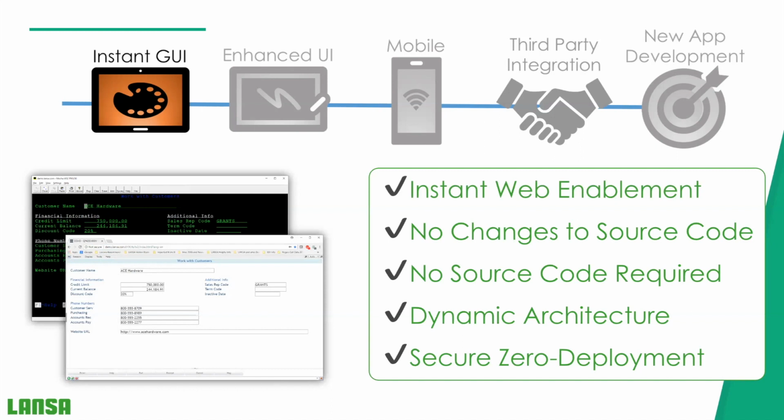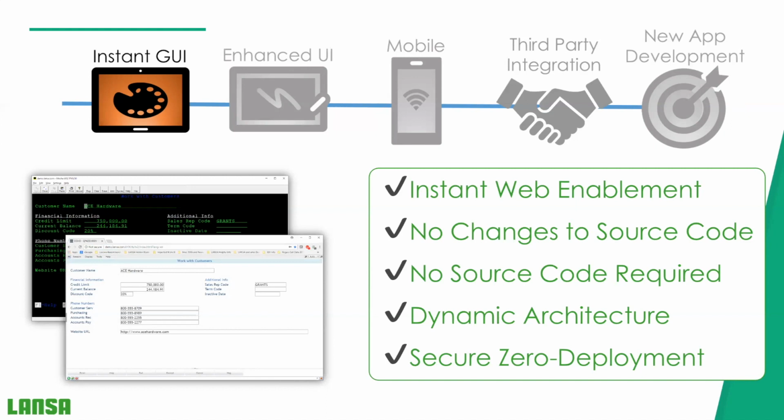So Axis enables you to transform your 5250 screens into a modern web application instantly. And instead of undergoing weeks and weeks of deployment, you can do it in a matter of hours. And without changing a single line of code, just install it and go, nothing more.